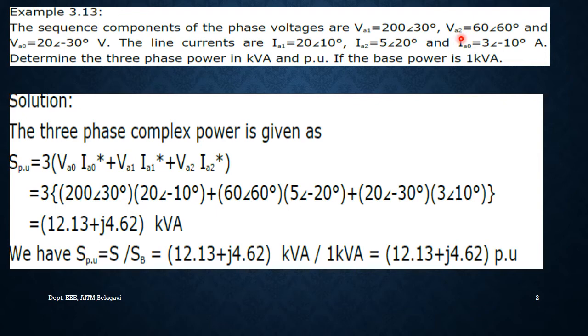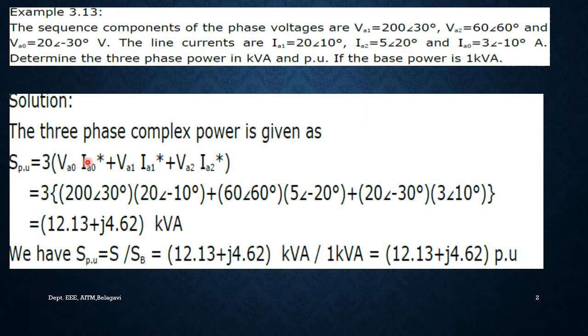The negative sequence voltage is 60 at an angle of 60 degrees, into the negative sequence current, which is 5 at an angle of 20 degrees, but we want the conjugate. Conjugate means we change the sign of the angle, so the positive sign is represented by a negative sign here.